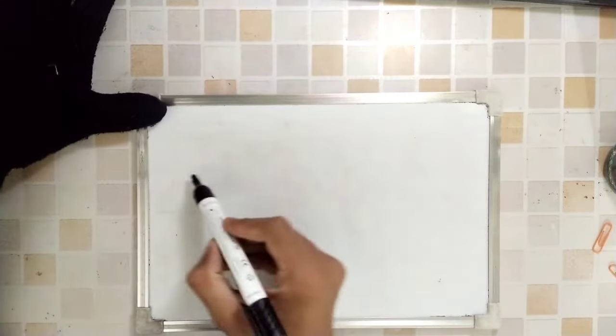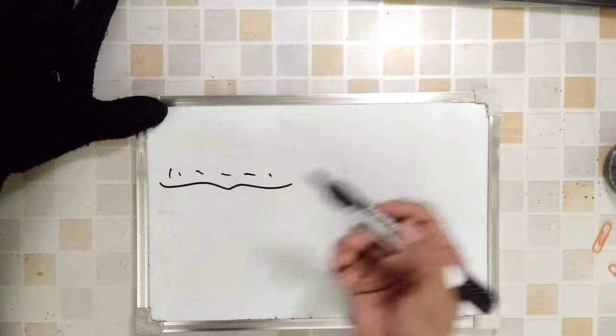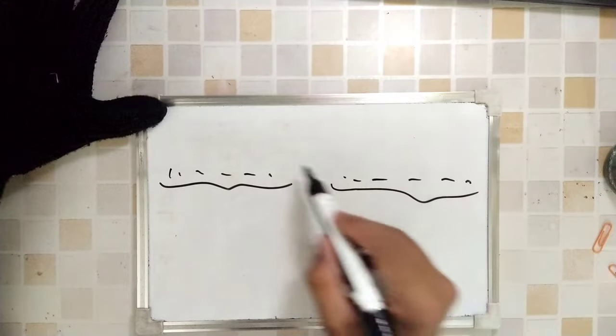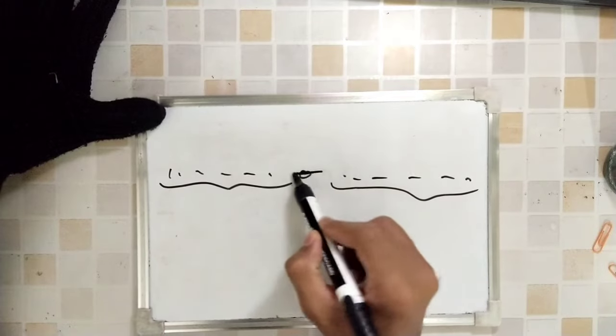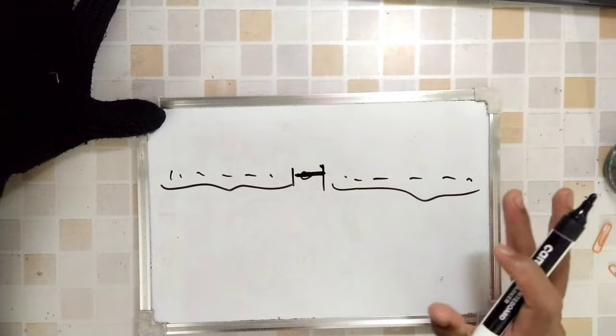So first we will be talking about logical connectives. Suppose I wrote some English statement here, and then I have another English statement. Anything that connects both the statements is known as a logical connective.